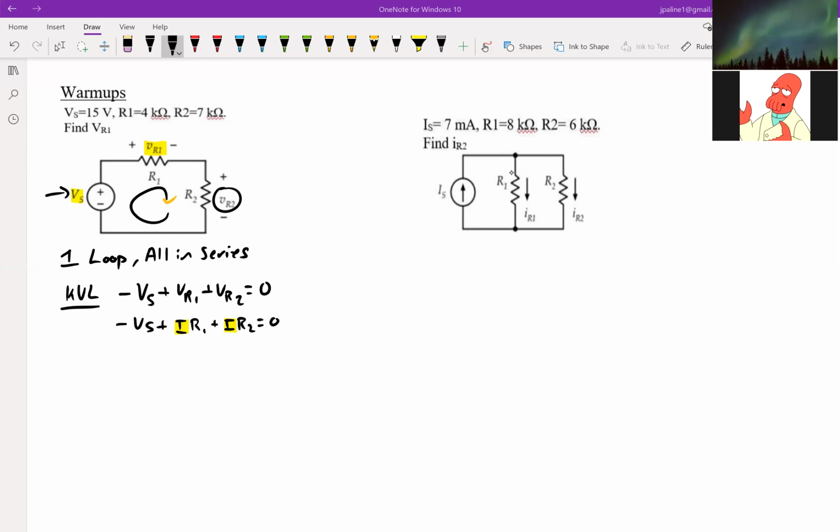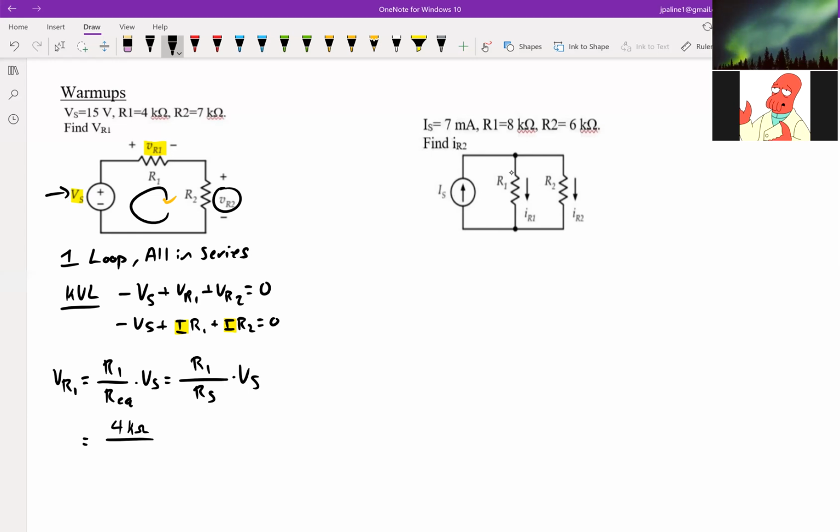And I see we have a suggestion to do voltage division, and let's see how much quicker doing the voltage division is. So if we wanted to find VR1, all we have to do is say R1 over R equivalent times V of S, which will be R1 over RS times Vs, which will just be R1 is 4 kilo ohms.